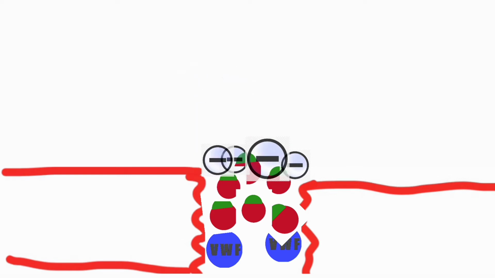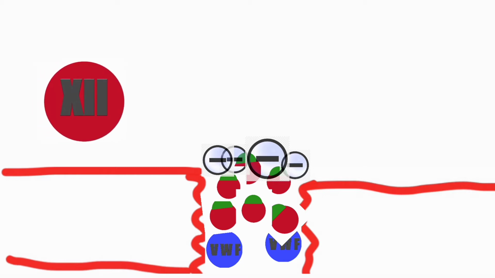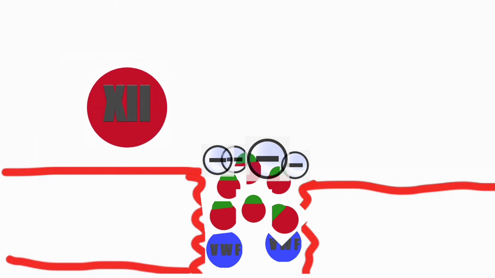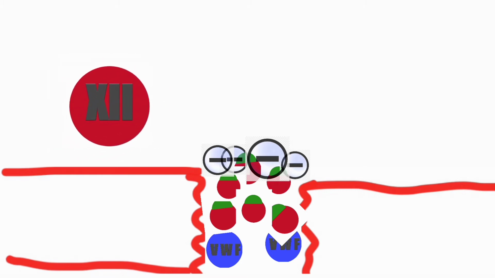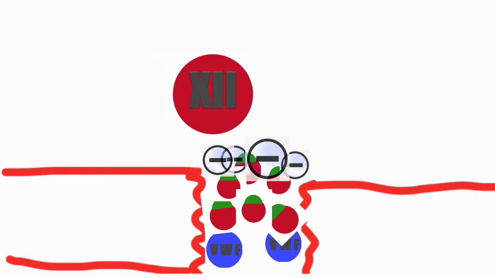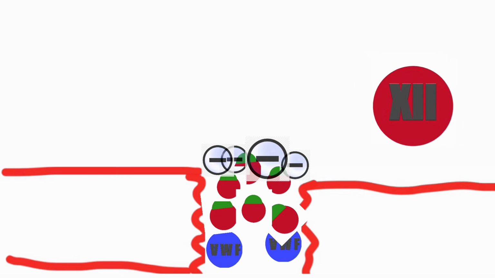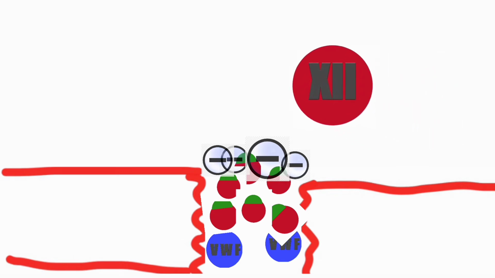So the first coagulation protein that will be moving around this surface is clotting factor 12, but it is inactive. Throughout this lecture, I will be using red color for inactivated clotting factors and green color for activated clotting factors.